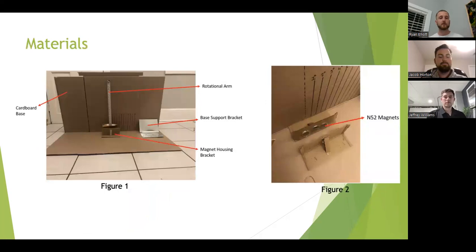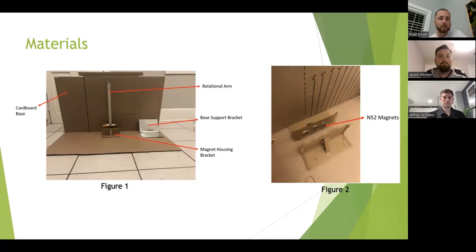So as Jacob mentioned, we opted to demonstrate this phenomenon with a pendulum with magnetic braking. To the left, you can see the cardboard base of our pendulum. Our rotational arm was an aluminum ruler fixed to the base via an eye bolt.